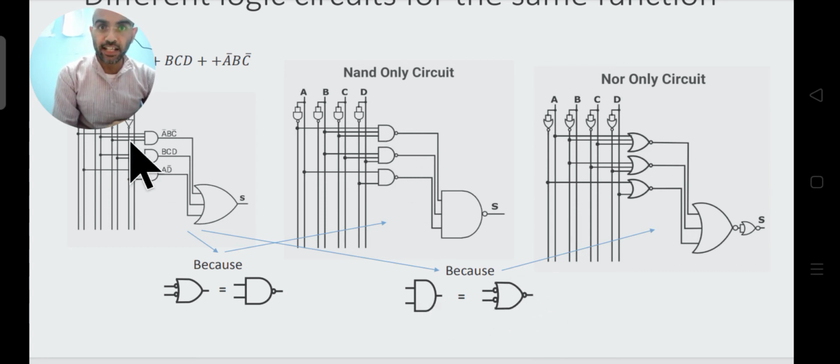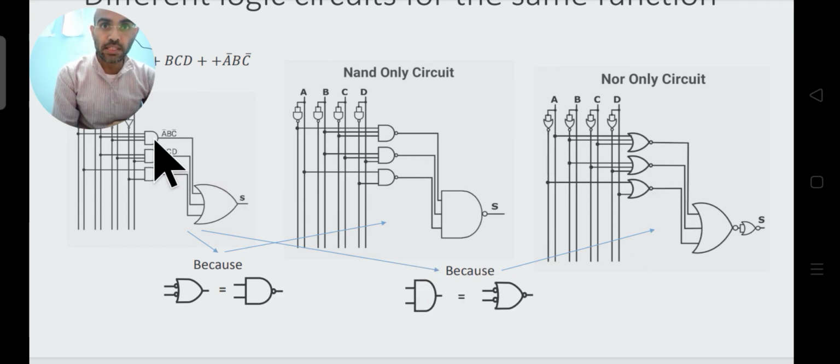So each AND gate will be replaced with this particular diagram. So we'll replace each of these gates with this. Now at the input side, earlier we had connected A bar, B and C bar. Here there will be some change. Because there are bubbles, and this is a 3 input gate, all the inputs will be bubbled.